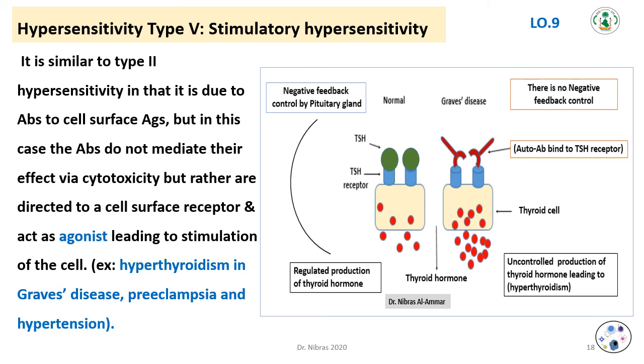In Graves' disease, the autoantibody binds to the thyroid stimulating hormone receptor, leading to continuous stimulation of this receptor and activation of thyroid cells to produce thyroid hormone with uncontrolled production, leading to hyperthyroidism.